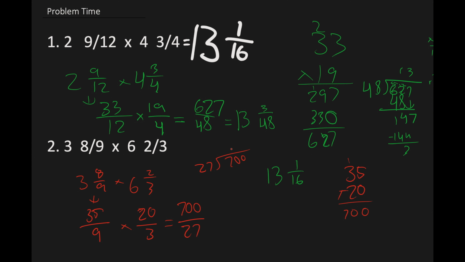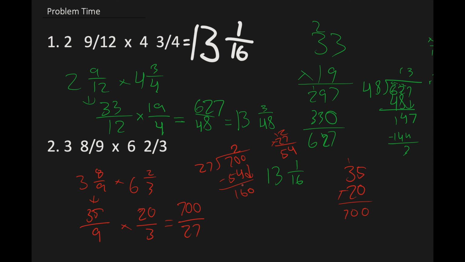By the naked eye, I'm guessing 2. 2 times 27 is 54, and that's 16, bring down the 0.